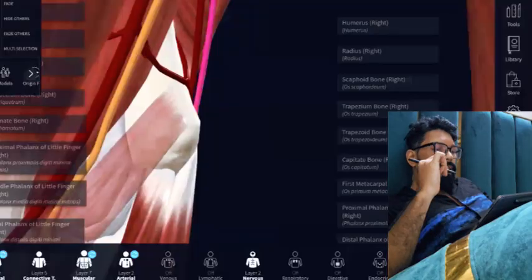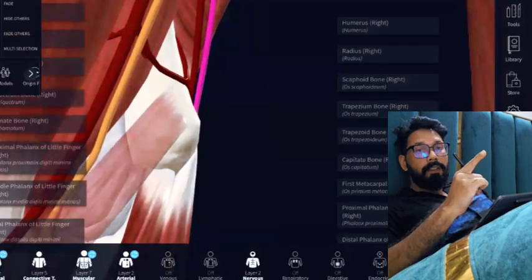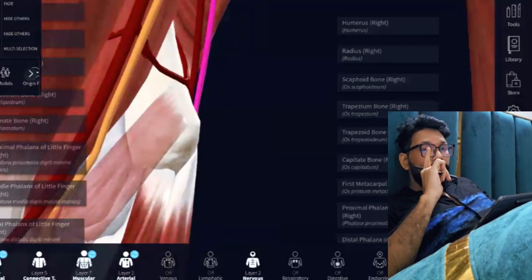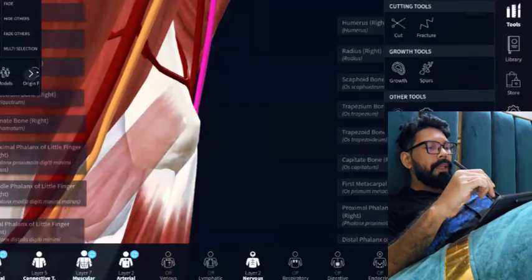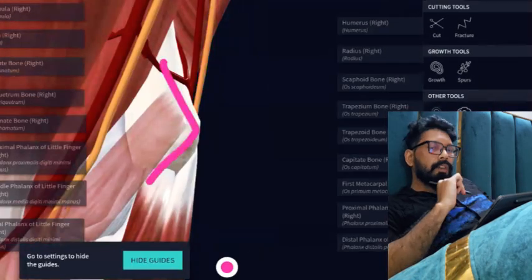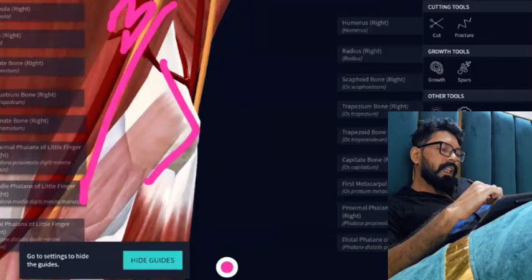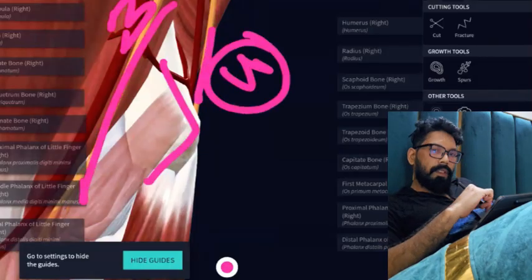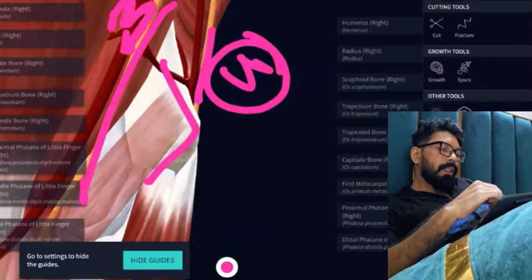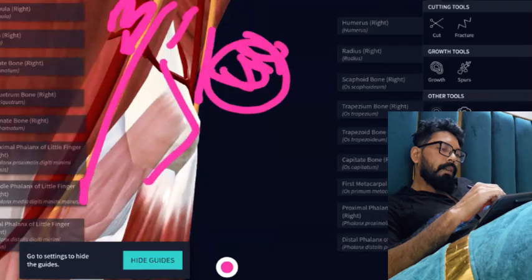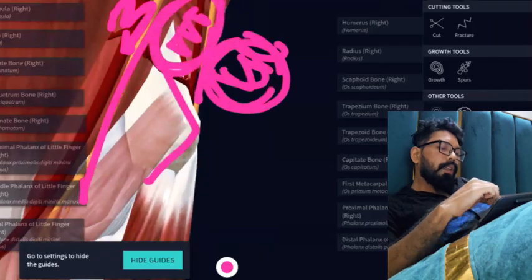So this is your ulnar nerve behind your medial epicondyle. The medial epicondyle is like a sandwich, in between your median nerve and ulnar nerve. M U M: median, epicondyle, ulnar. Simple.